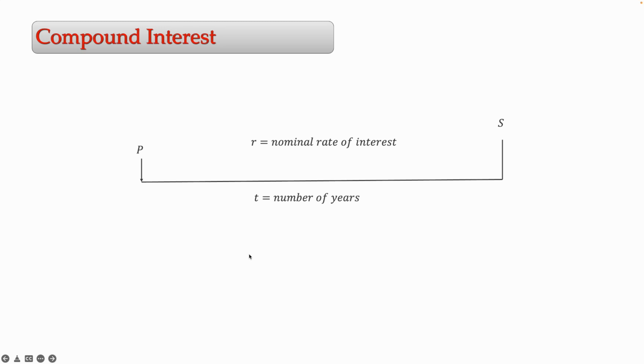So the number of conversion periods per year will also be important, and it will be represented with the letter M. So M will be the number of periods in 1 year. Usually M could be 2 or 1 or maybe 4 or 12 times per year. So if the conversion is made every month, then M equals 12.